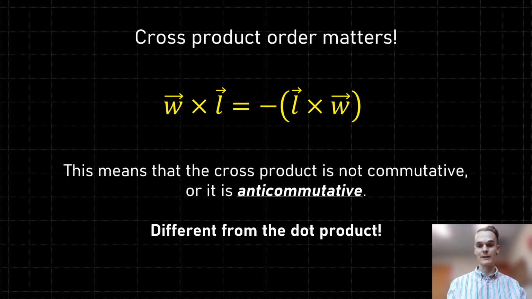And this property is called the anti-commutative property. It's the only operation that we've learned that has this property. Both the vector addition and the dot product are commutative. The cross product is anti-commutative.